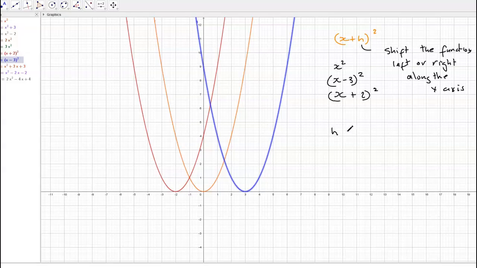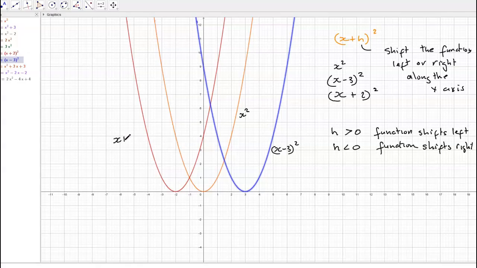So here we can see if h is greater than 0, the function shifts left. If h is less than 0, the function shifts right. So here we've got x to the power 2, this one is x minus 3 squared, and this one is x plus 2 squared.